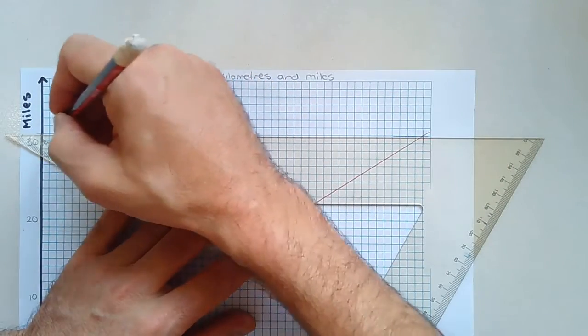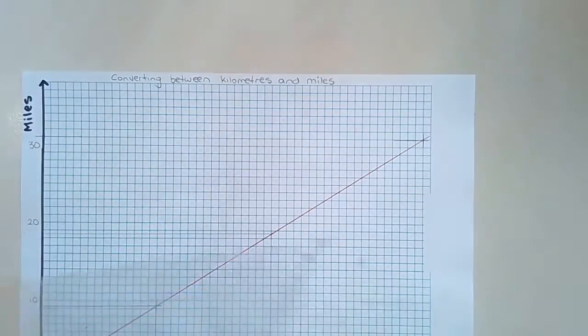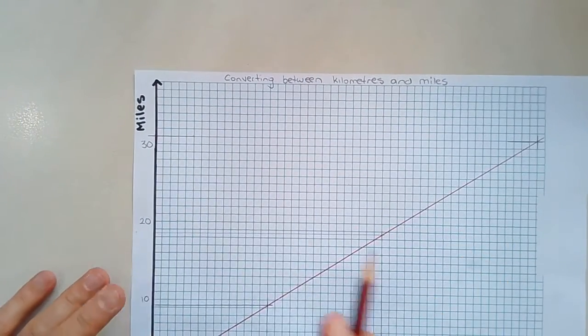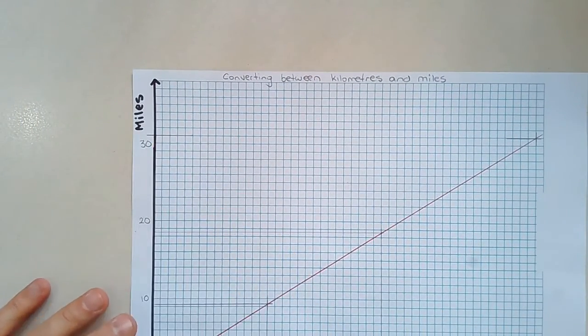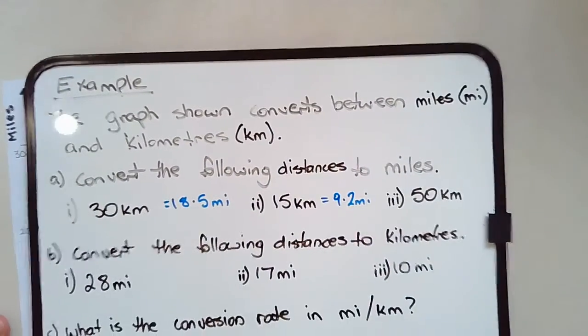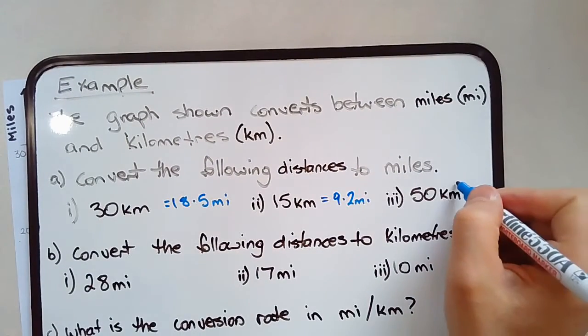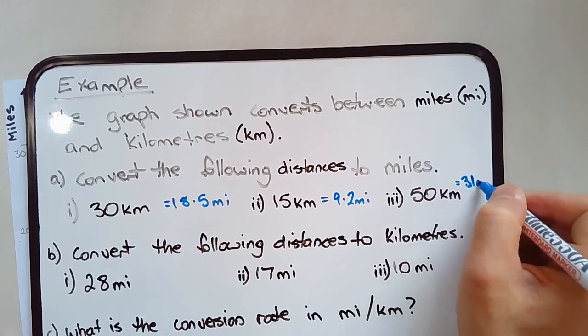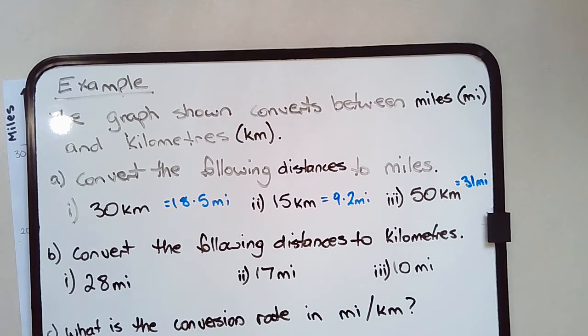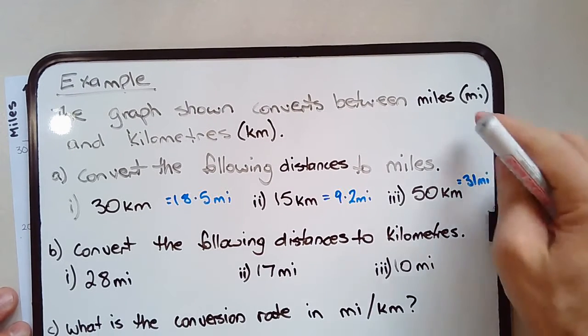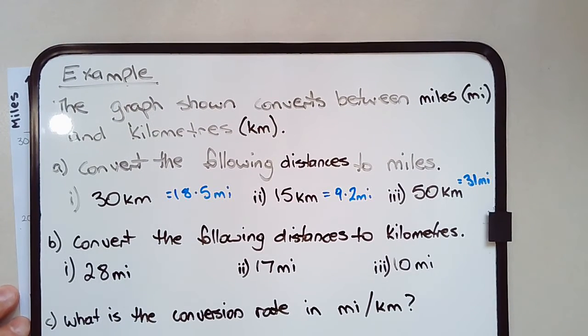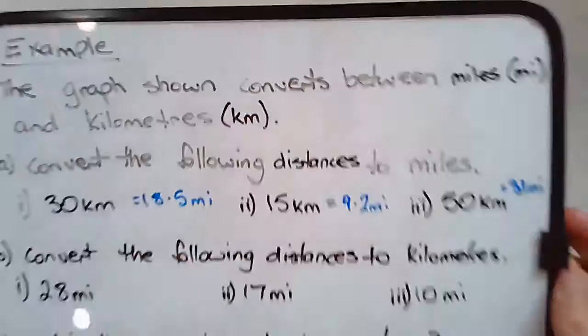And that looks like it's right on 31 miles. The unit for miles, we can use MI. That's one of the units that we can use. Some countries would use M, but we don't want to confuse that with meters. So we'll use MI here.